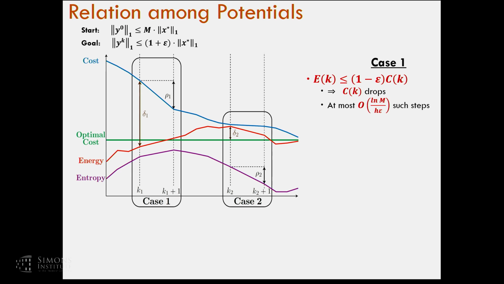The second case is when the energy and cost are close to each other. The difficulty is that even though they are close to each other, they could be quite far from the optimal value or the optimal cost.